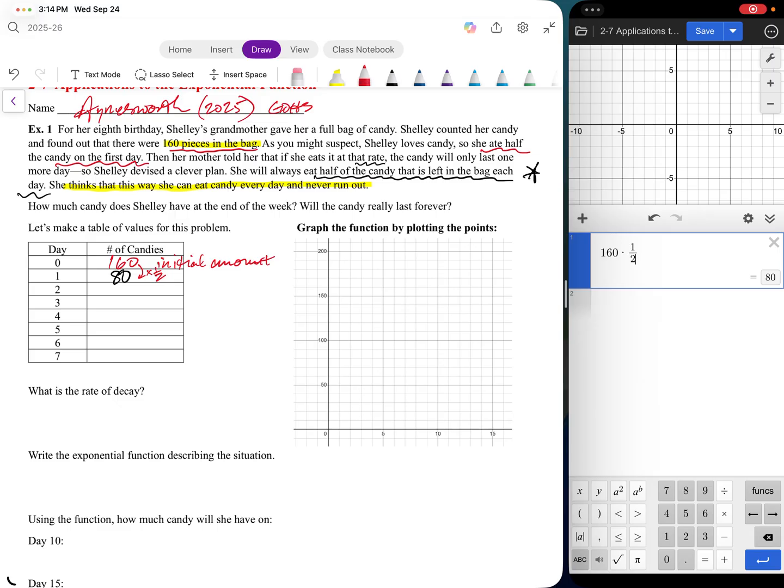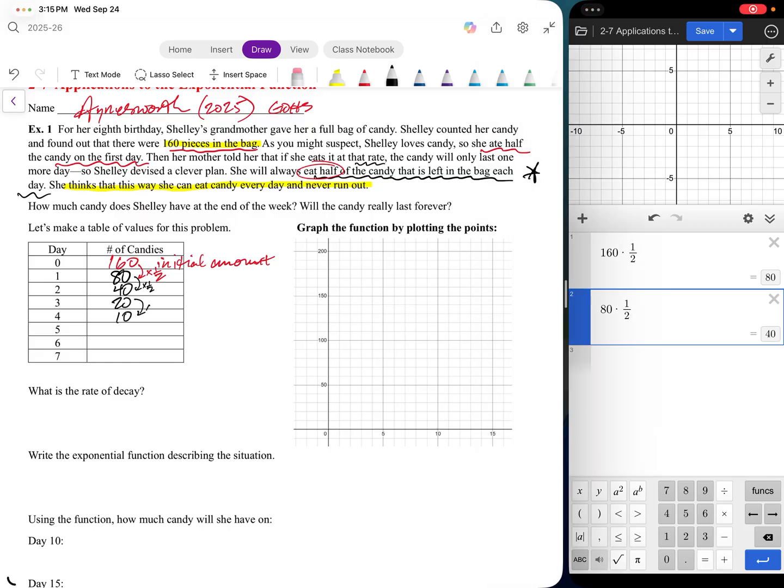So she's going to eat half after each day. So here we go. We have to multiply by 1/2 again. So times 1/2, and half of 80 is 40. Again, you take 80 times 1/2, or you can just take 80 divided by 2, and you get 40. Half of 40 is 20, and then half of 20 is 10.